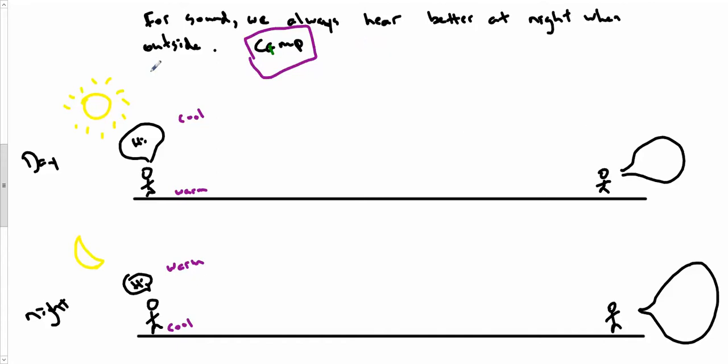So during the day, the sun is shining, it warms up this ground here, and that in turn warms the air that's close to the ground, and the air higher up is colder. So when this person says hi, the sound waves leave him, and the sound waves will start to bend towards the cooler, slower side.